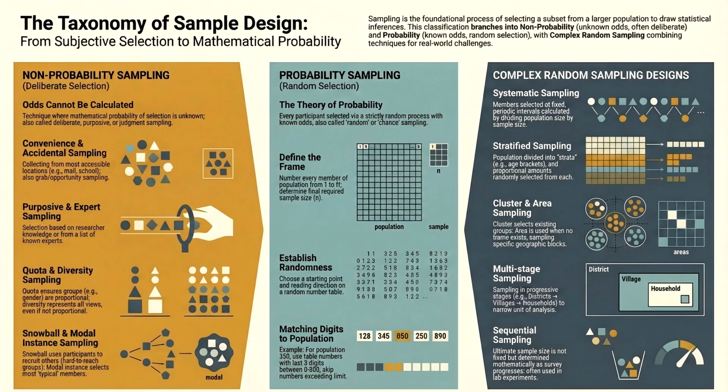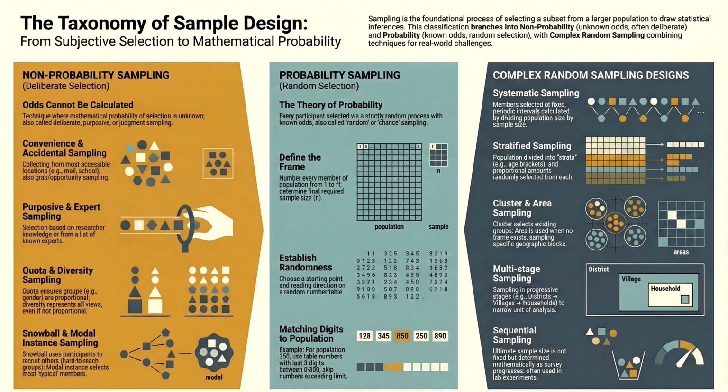Let's say, if there are 100 people, every one of them has a 1% chance of getting selected into the sample, right? That means you don't have any judgment, purpose, or convenience based selection. You apply a technique which will help you in selecting this.